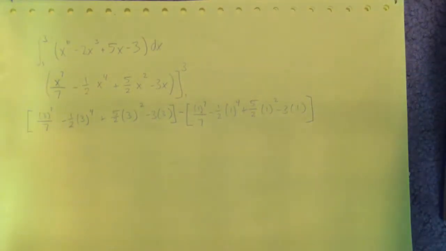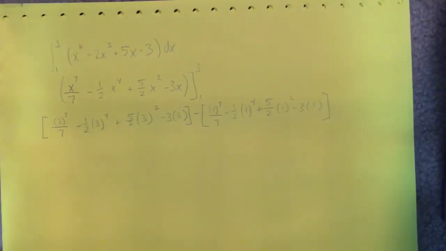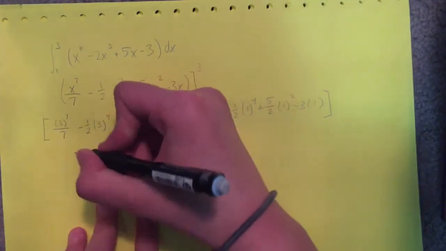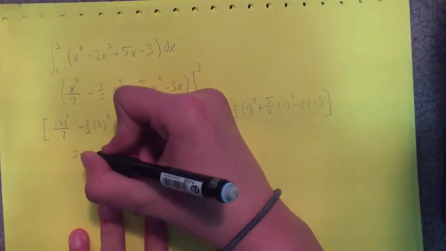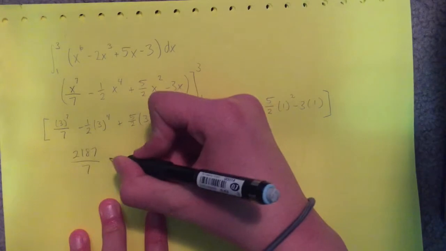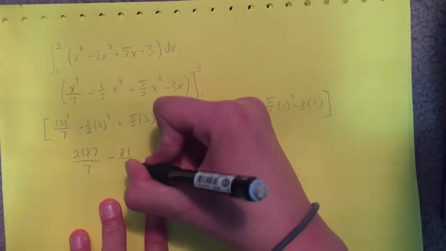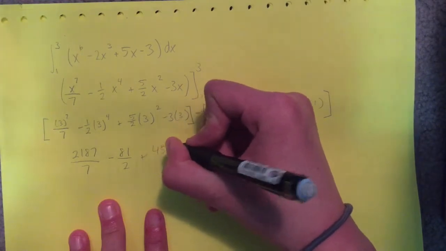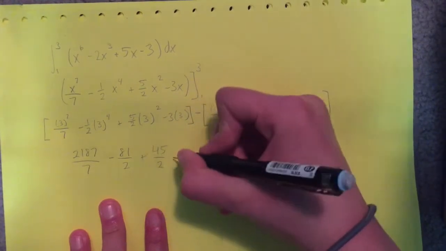Alright? So then, just evaluating this, we get 2,187 over 7 minus 81 over 2 plus 45 over 2 minus 9.